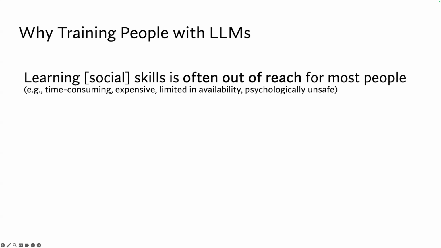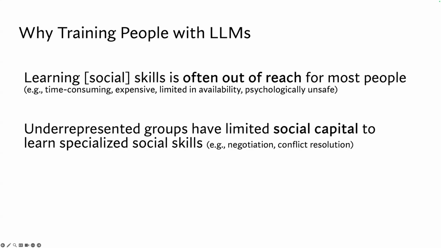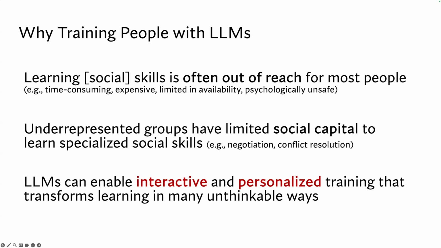It's very time consuming, expensive, limited in availability, and psychologically unsafe. If you don't have social capital, then you are at a relative disadvantage in learning specialized social skills. And large language models can enable interactive and personalized training that transforms learning in many unthinkable ways.